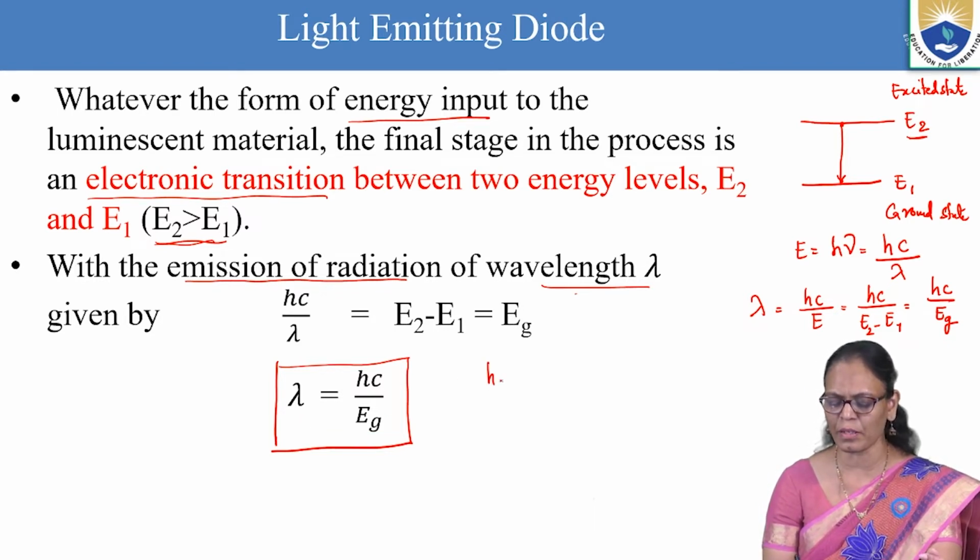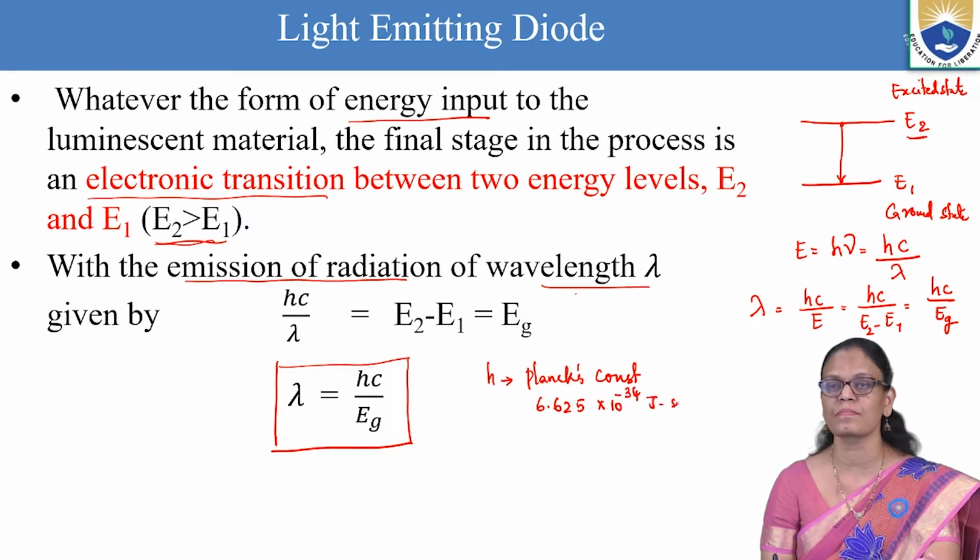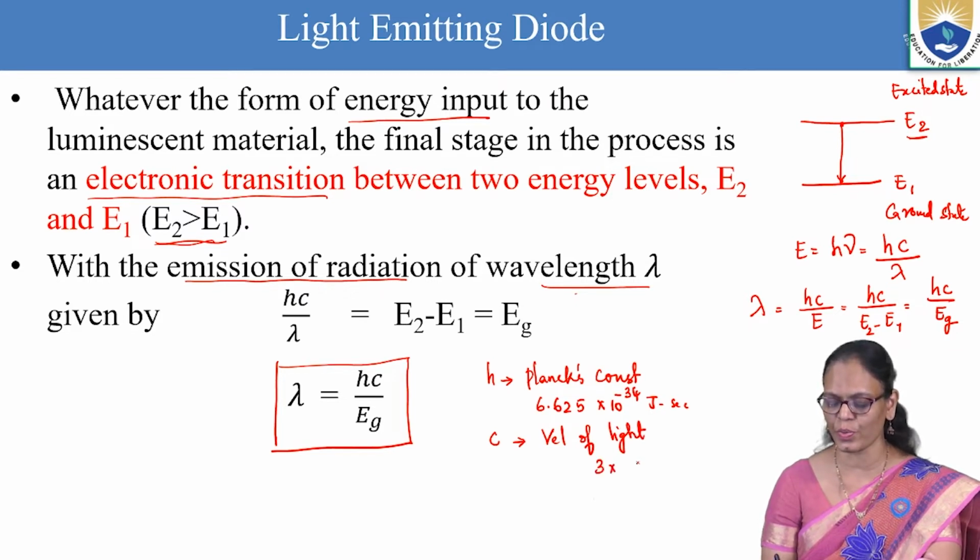H is nothing but the Planck's constant here, which is given by Planck, whose value is 6.625 into 10 power minus 34 joules second. And c is the velocity of light. Its value is also constant, 3 into 10 power 8 meters per second.